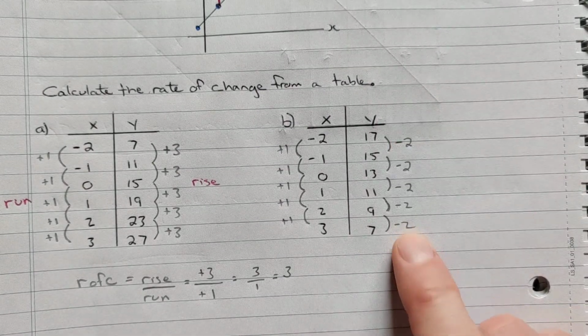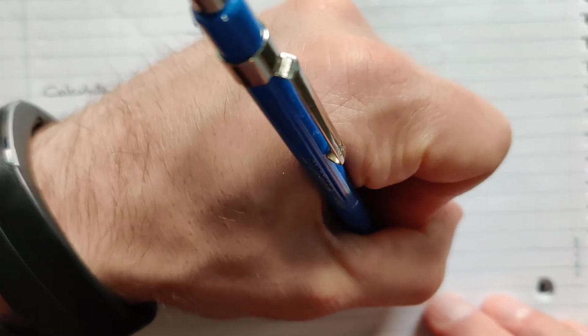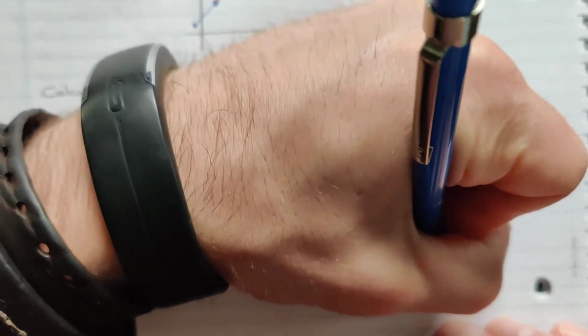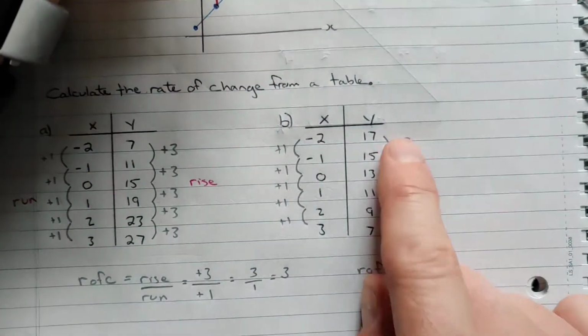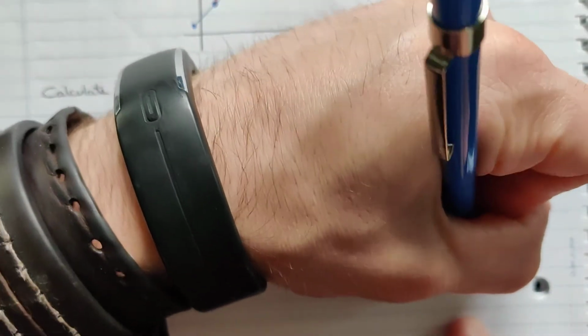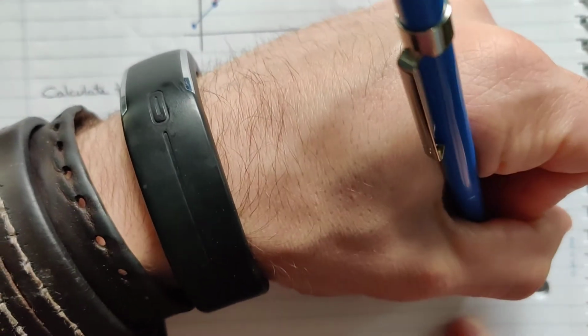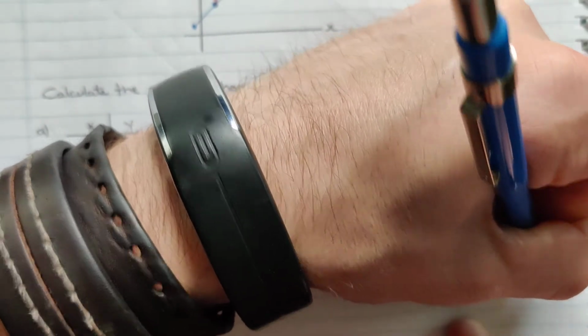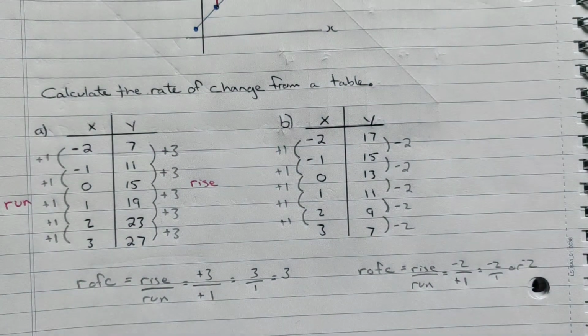Our rise is negative 2, and so our rate of change, R of C, is again the rise over the run, which in this case is negative 2 over positive 1, which just works out to negative 2 over 1, or negative 2.